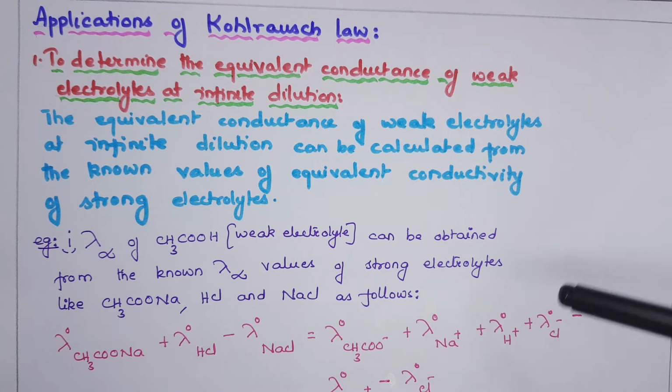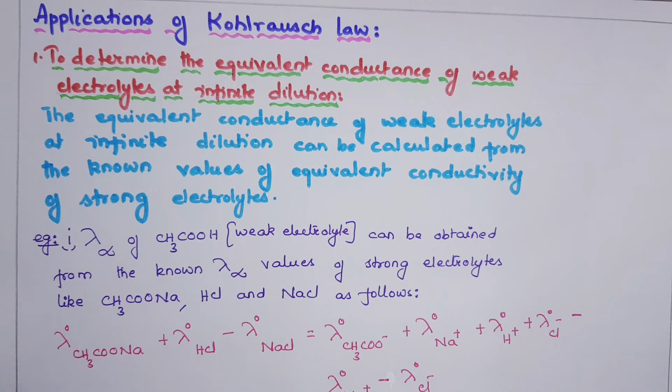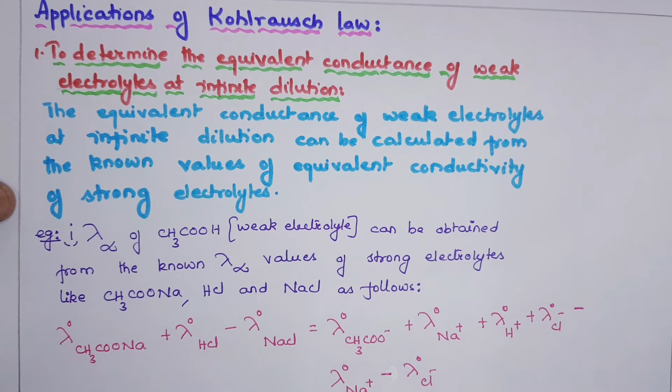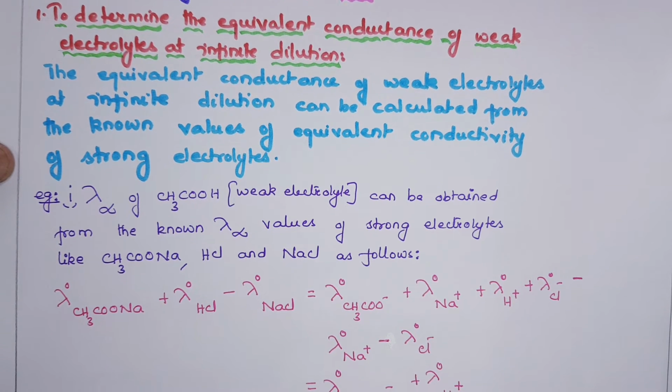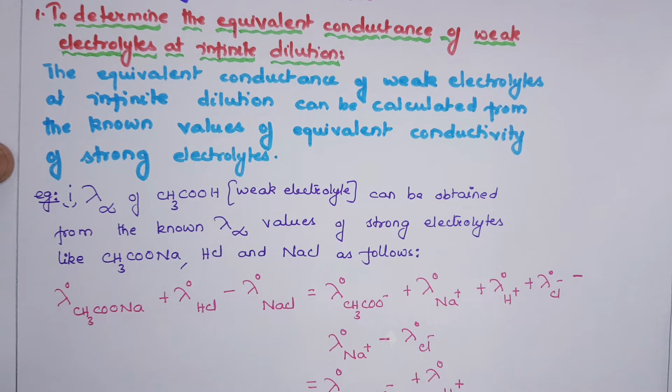How to determine, students? Below you can see: lambda naught CH3COONa plus lambda naught HCl minus lambda naught NaCl. What is lambda naught CH3COONa? Equivalent conductance of sodium acetate at infinite dilution plus equivalent conductance of HCl at infinite dilution minus equivalent conductance of NaCl at infinite dilution is equal to lambda naught of CH3COO minus plus lambda naught of Na plus.